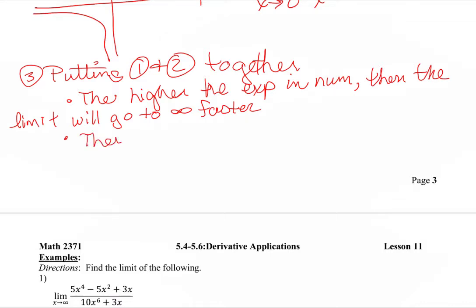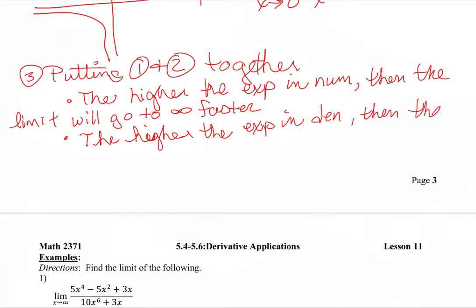The higher the exponent in the denominator, then the limit will go to 0 faster.